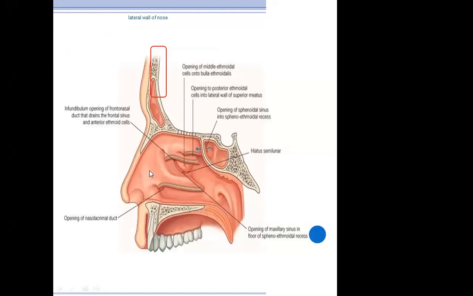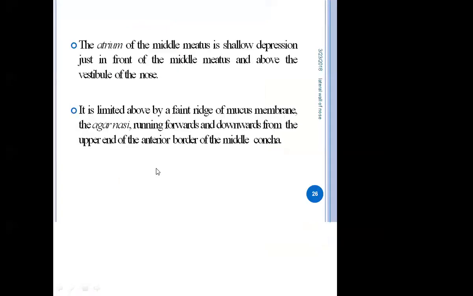All this part is called the atrium. It is present just in front of the middle meatus. This is the vestibule, and here we have the atrium part. And this atrium is limited above by a faint ridge of mucous membrane.